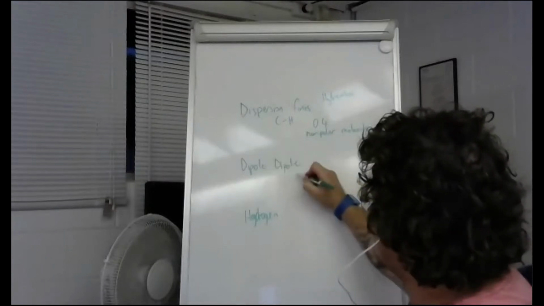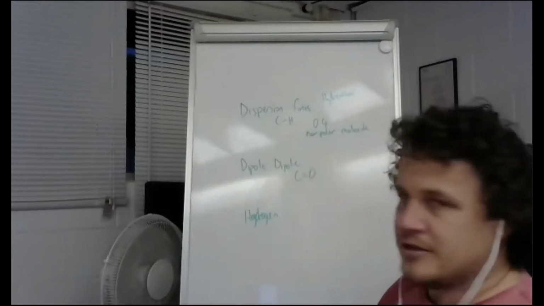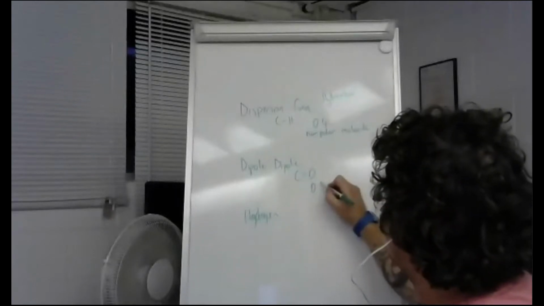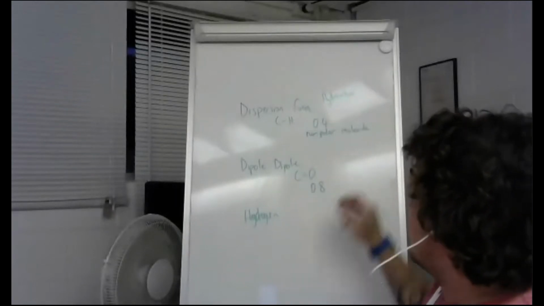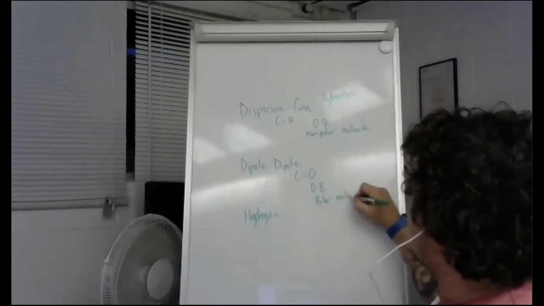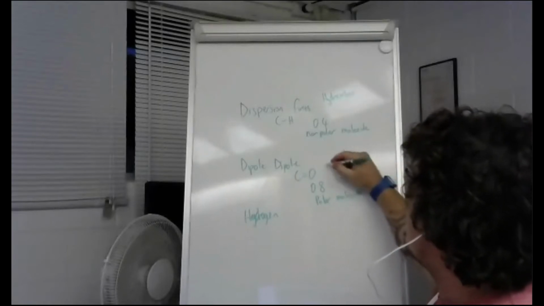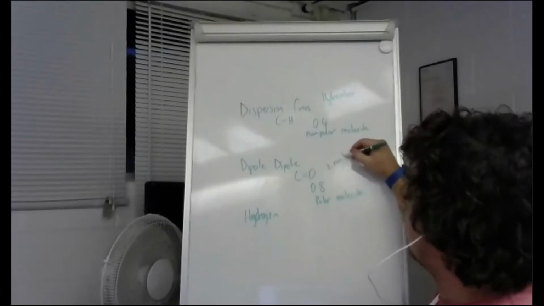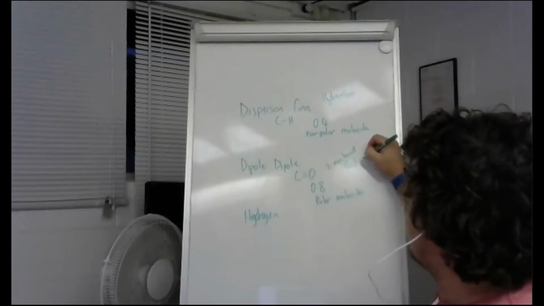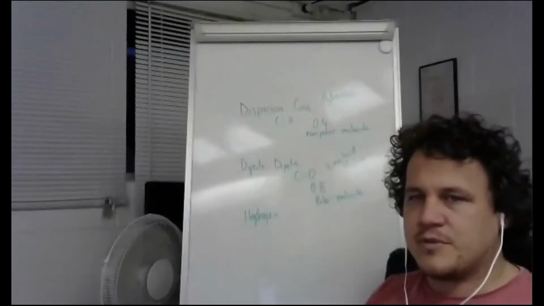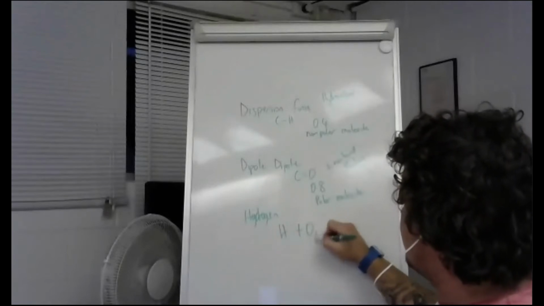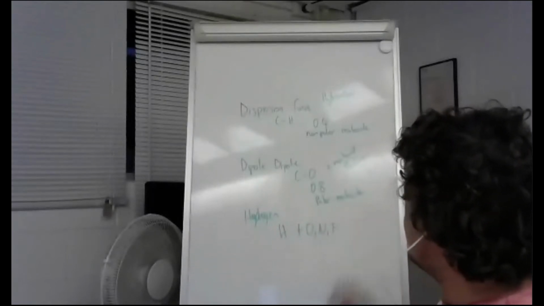Dipole-dipole, we have carbon double bound to oxygen. Difference between carbon and oxygen is 0.8, creates a polar molecule. Oxygen also has 2 non-bound electrons, which increases the polarity. Hydrogen is when we have hydrogen bound to oxygen, nitrogen, or fluorine.